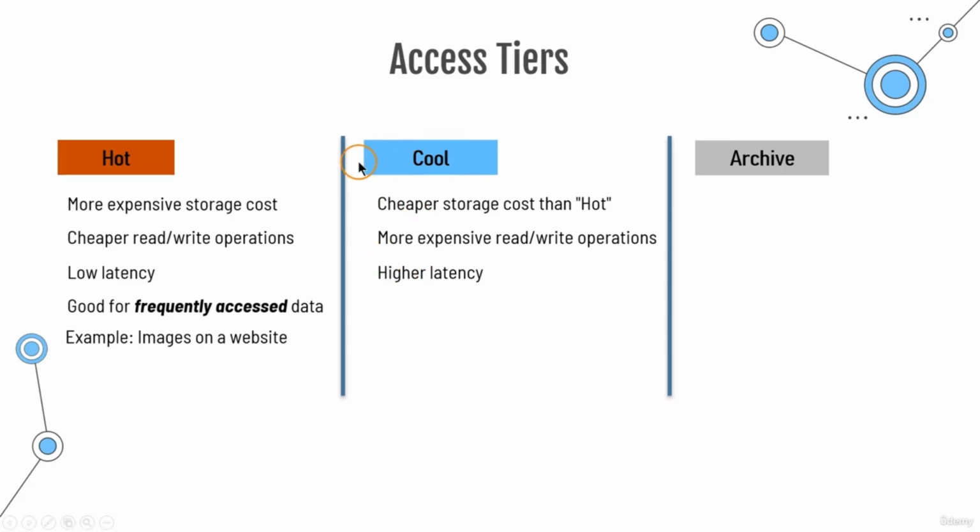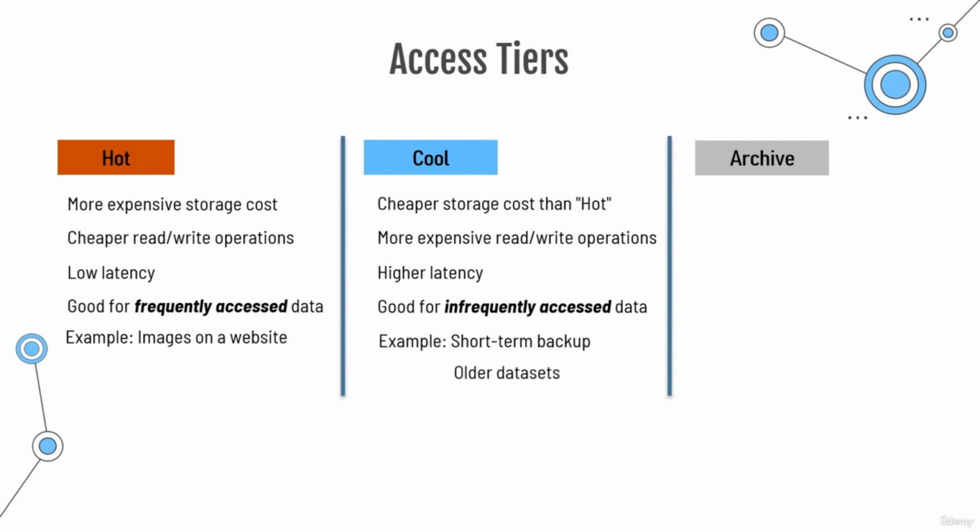And now this cool tier is just more cost effective for data that is not so frequently accessed, but it's still kind of active. Maybe some invoices that we need to see on a monthly basis. Maybe we even have some kind of short-term backups that we know at some point we probably have to access again. Or maybe also some larger data sets that are just more cost effective to store in the cool tier because we are not accessing them so frequently.